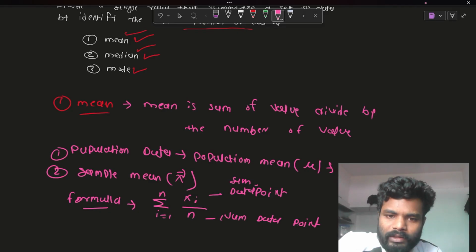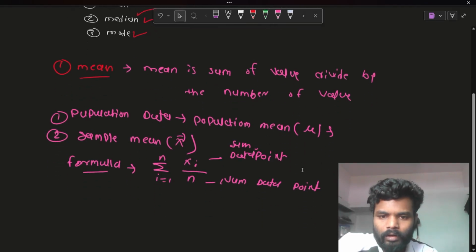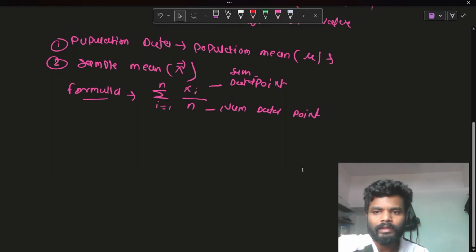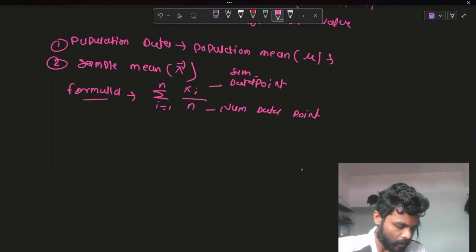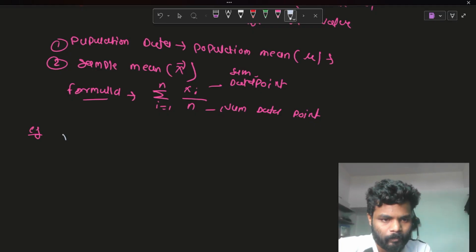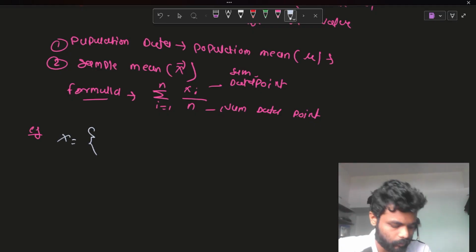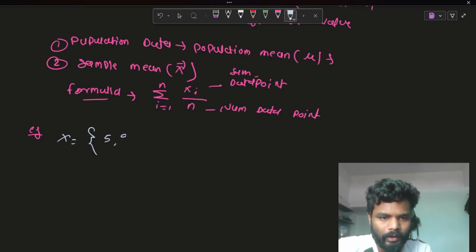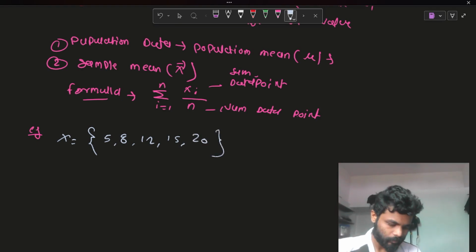Let's understand with one example. Let's consider we have a data set x equal to 5, 8, 12, 15 and 20. So that's our data points. How do we calculate the population mean?